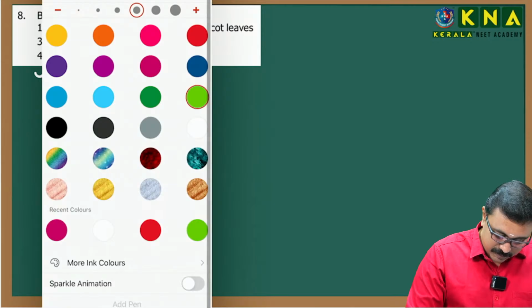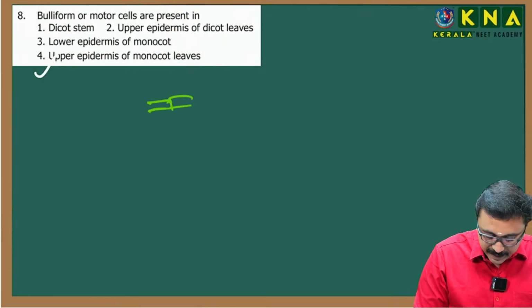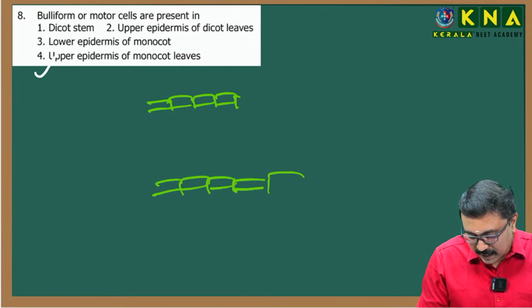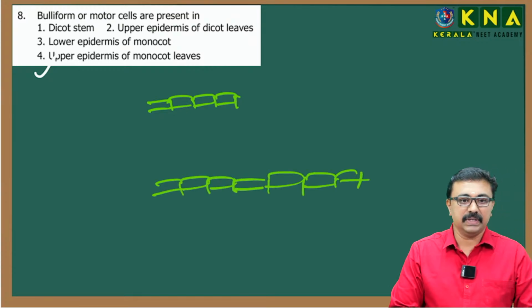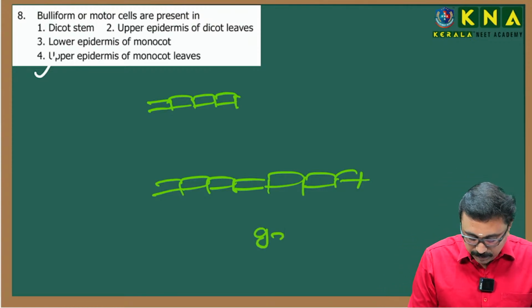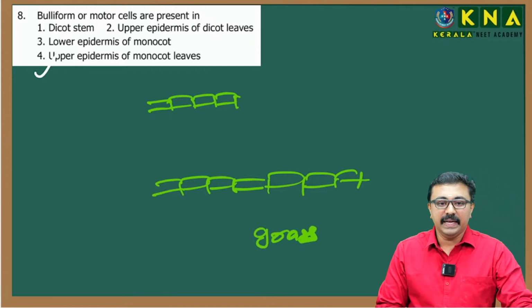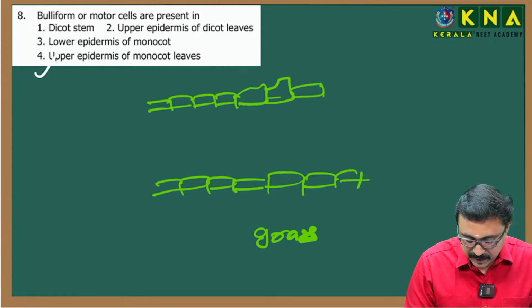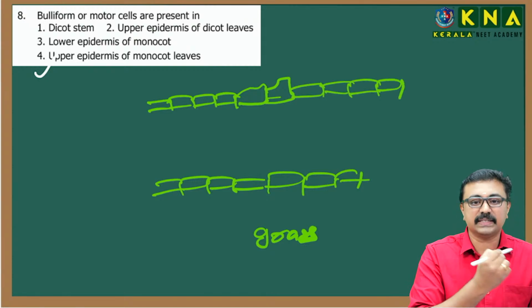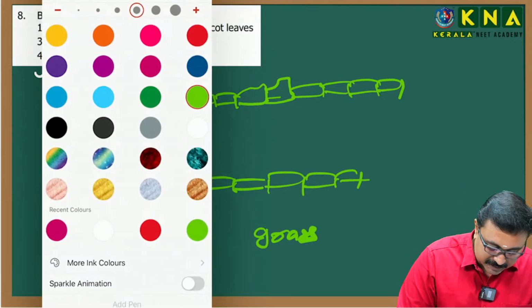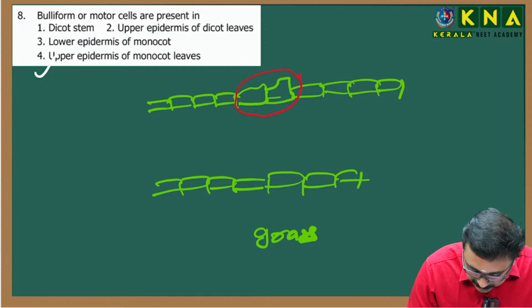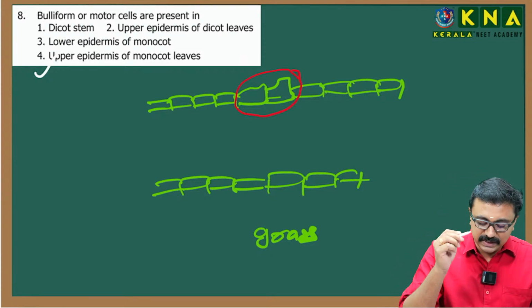When you look at the leaf, you can see that there are two types of epidermis. They are upper epidermis and lower epidermis. In grasses, we have seen grass, the upper epidermis consists of certain specialized cells.